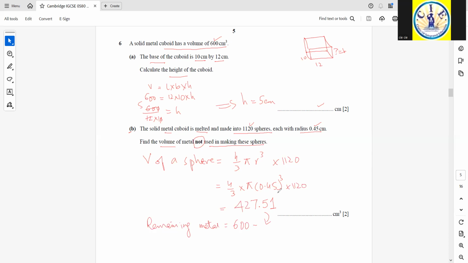So that gives us 172.4, or 172.5, or even if someone has written 172 centimeter cubed, that is okay, that is also fine. So that was question number 6.